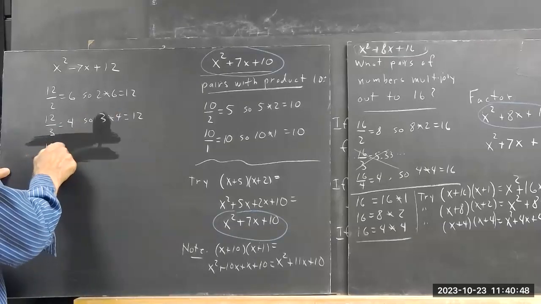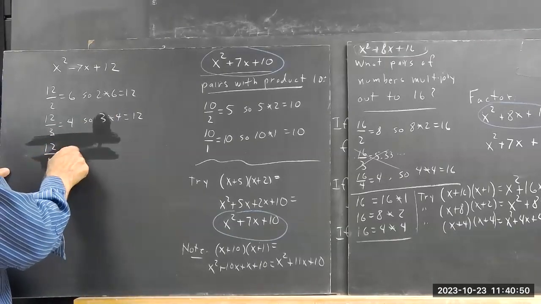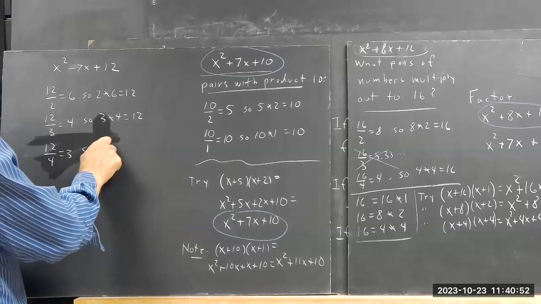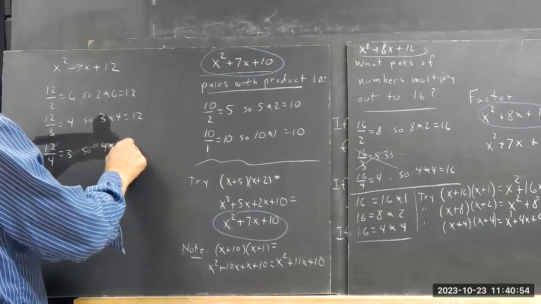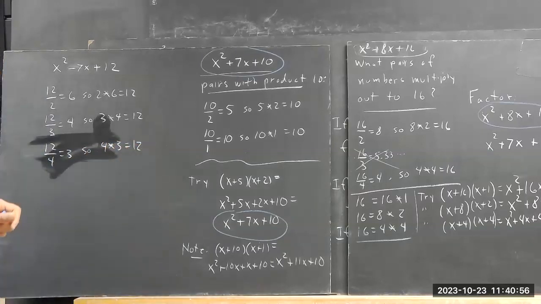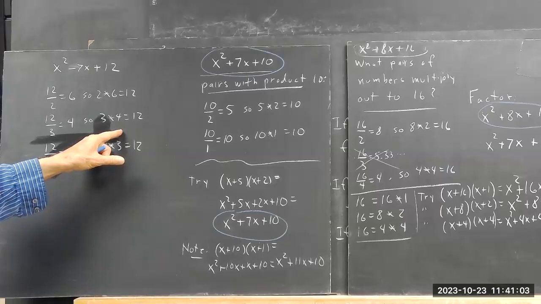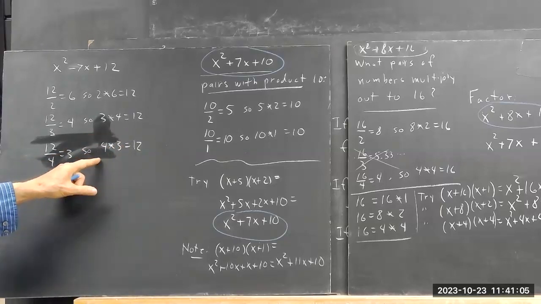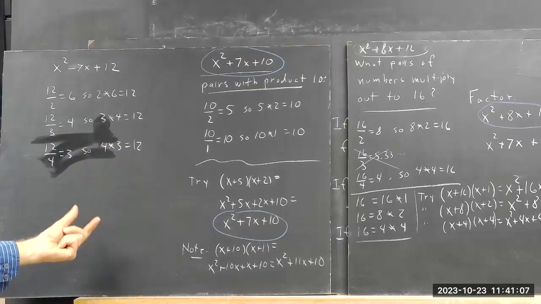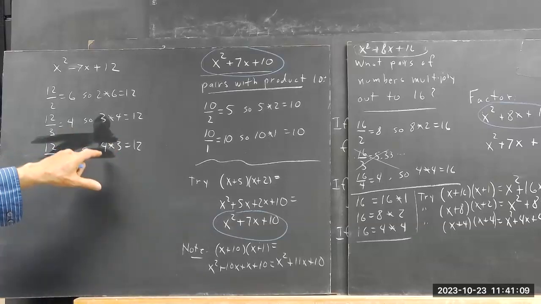Now we could then divide 12 by 4, which gives us 3. So 4 times 3 equals 12, except that 4 times 3 is the same as 3 times 4. We wouldn't do this because we get the same two numbers. They're in different order, but the order doesn't matter.